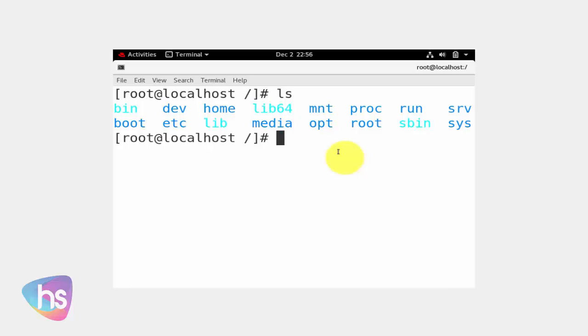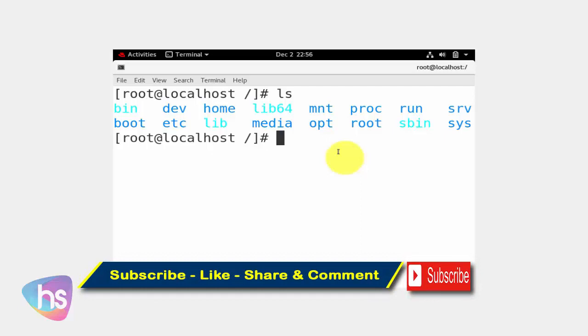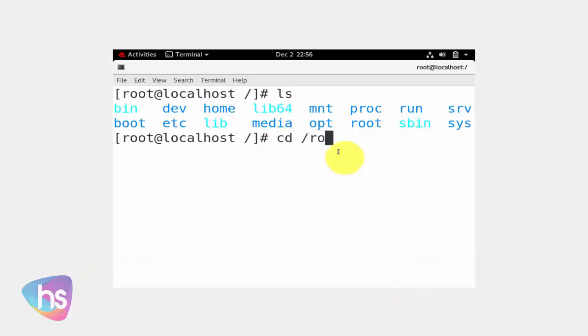Hence, these all have root privileges, like super user privileges. This is what the root user has, whereas the root user also has /root.